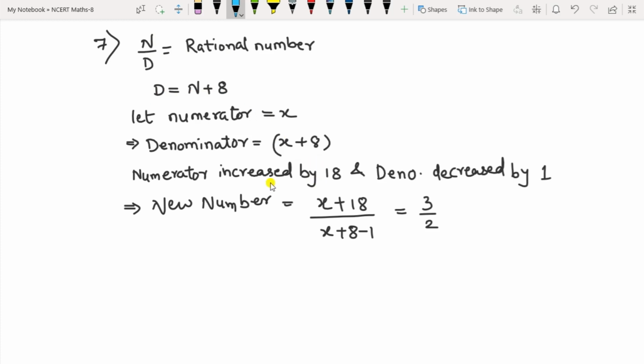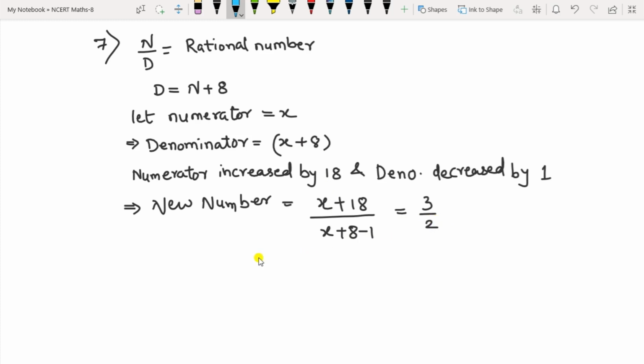Now they are increasing the numerator by 18 and decreasing the denominator by 1. So you get the answer as 3 by 2. So if the numerator is increased by 18 means x plus 18 and the denominator is decreased by 1 means x plus 8 minus 1, you get the answer as 3 by 2.